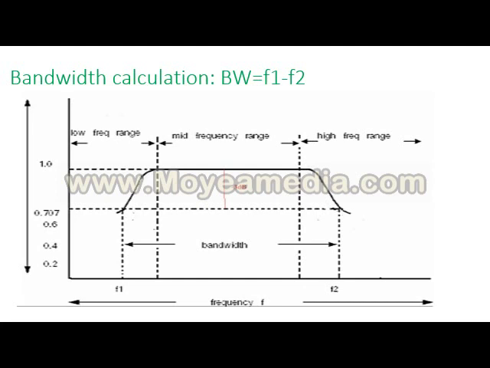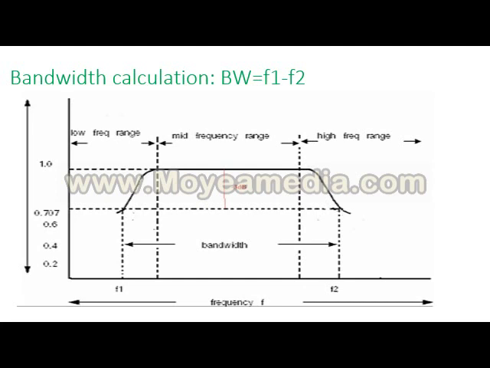So you can see that the dotted line represents the 0.707 point. The maximum point is indicated as 1 and the 3 dB point is indicated as 0.707. From 0.707 we will get two frequencies in the x-axis, F1 and F2.